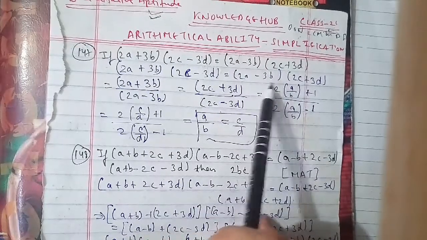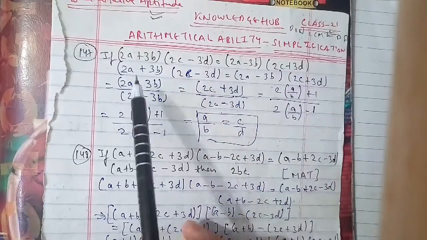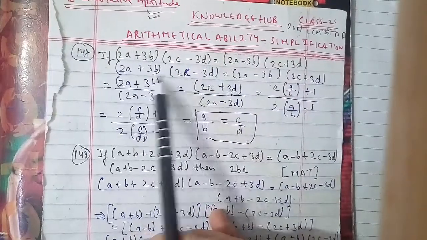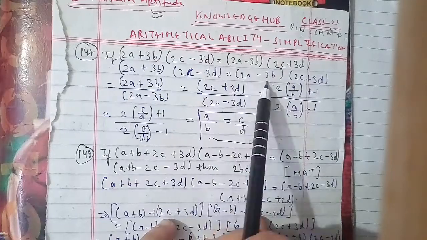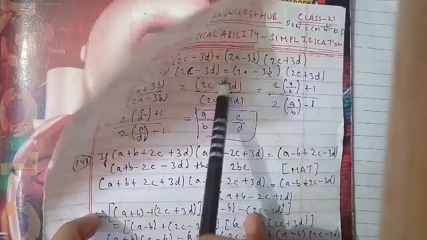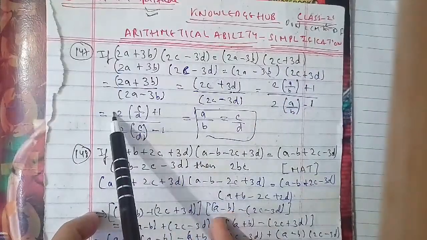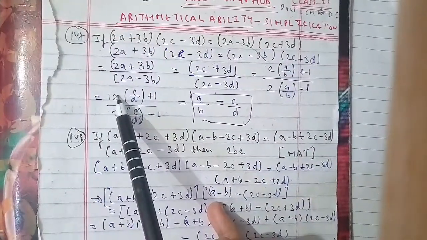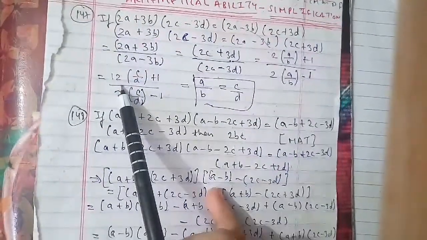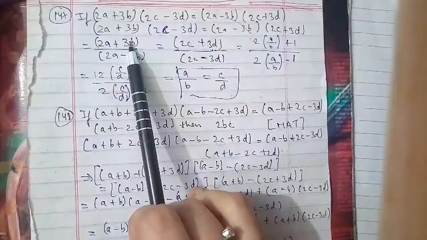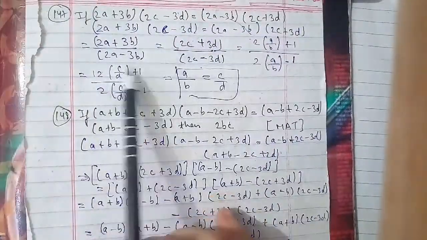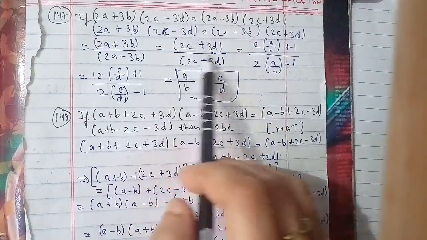What we had done, because this is in multiplication, we take 2a plus 3b upon 2a minus 3b. This is on the equal sign's side, so it comes into the denominator, and obviously it gets divided. So that is 2a plus 3b, and from the right hand side, 2a minus 3b has come here in the denominator, and this is 2c plus 3d, and this 2c minus 3d has gone into the denominator.